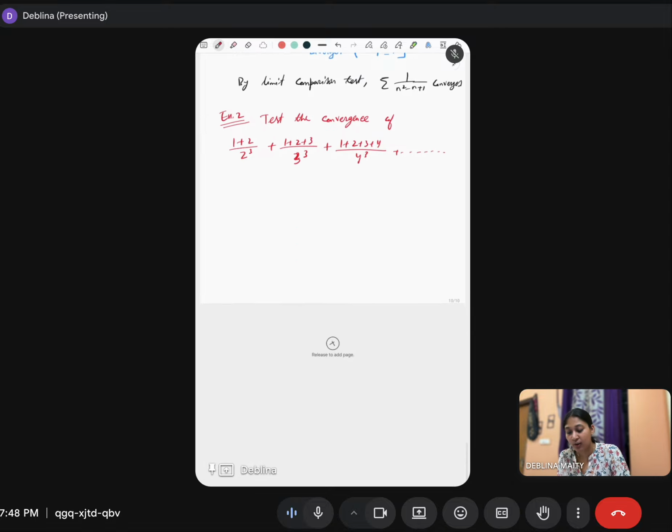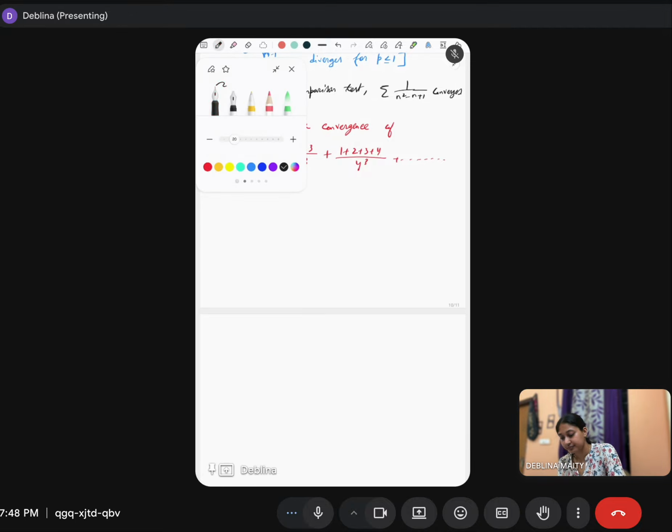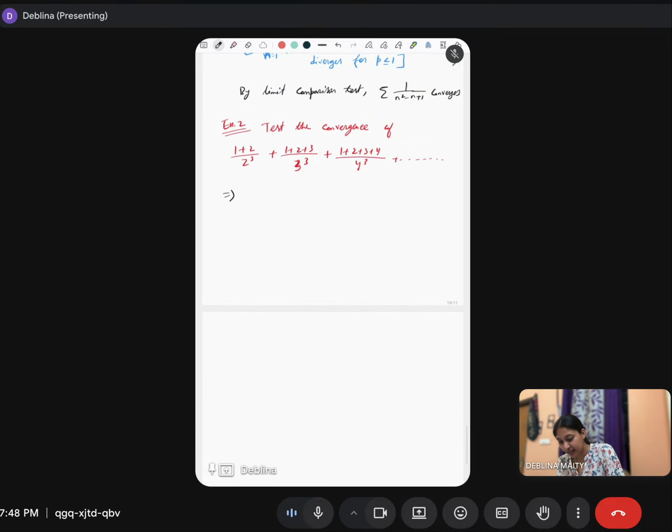So you have to test the convergence of this infinite series. So what is un here, the nth term?